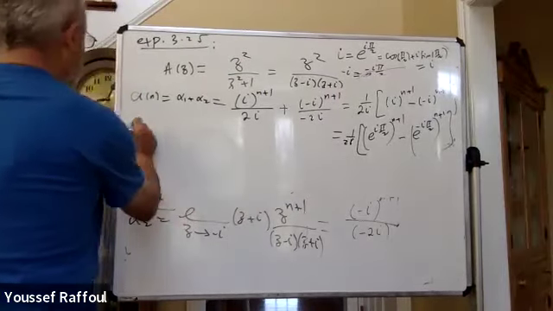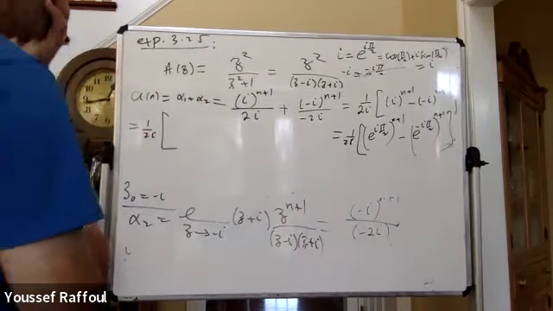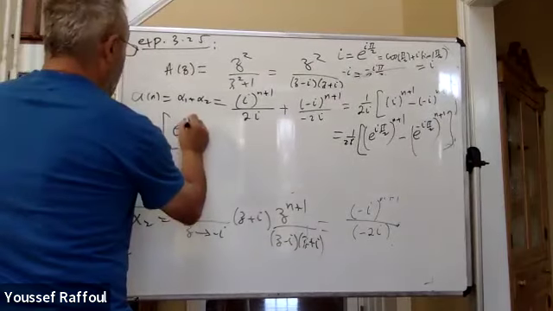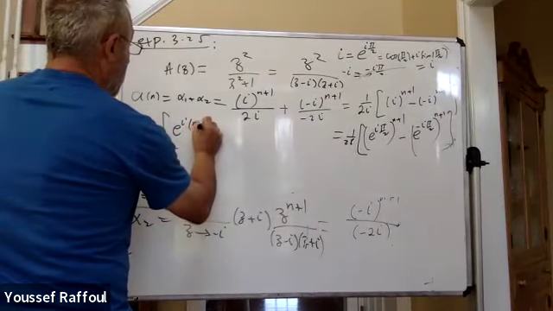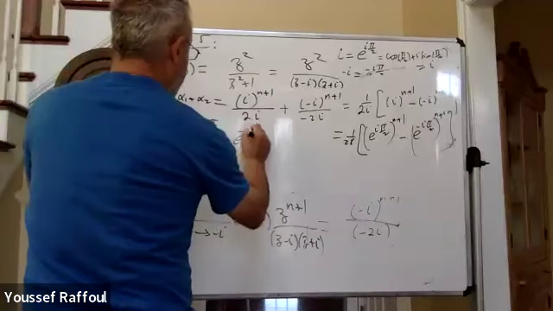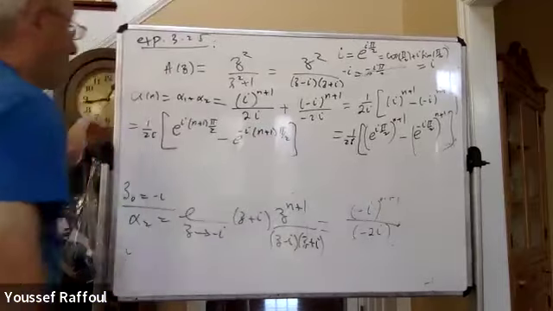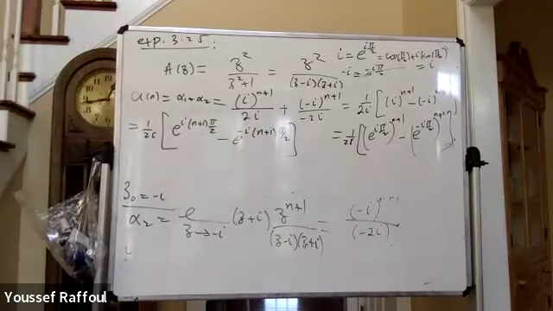Well, this is 1 over 2i times e to the i (n plus 1) pi over 2 minus e to the minus i (n plus 1) pi over 2.